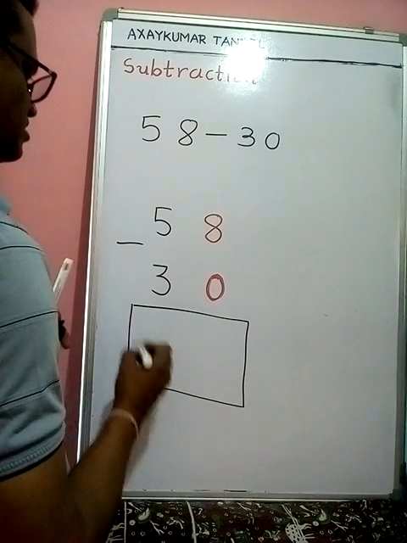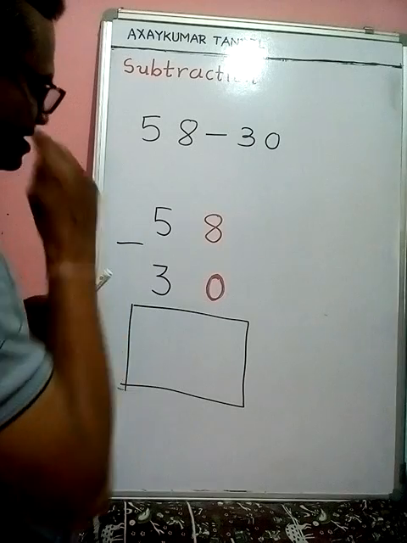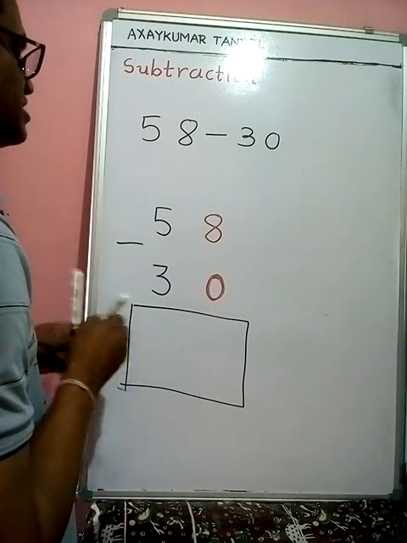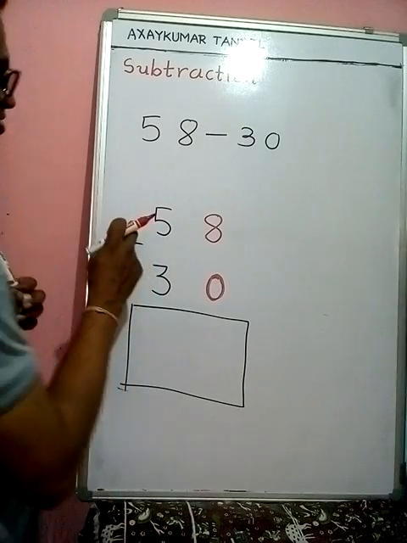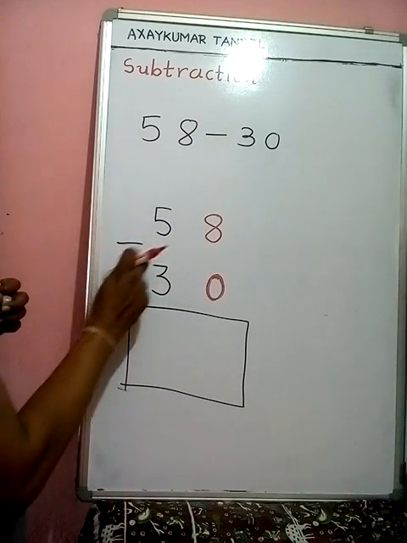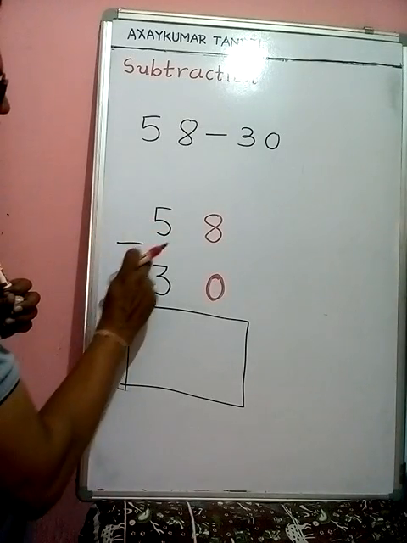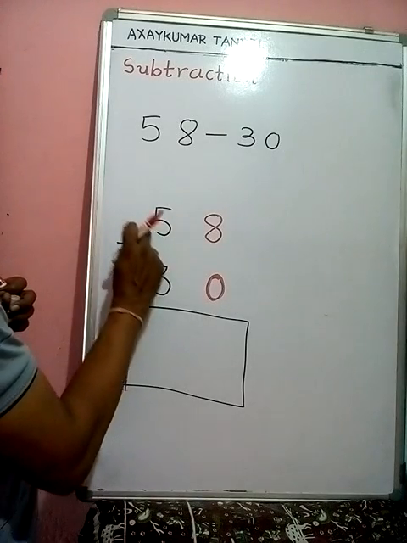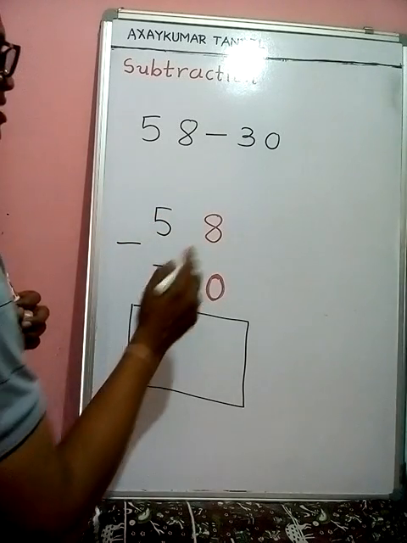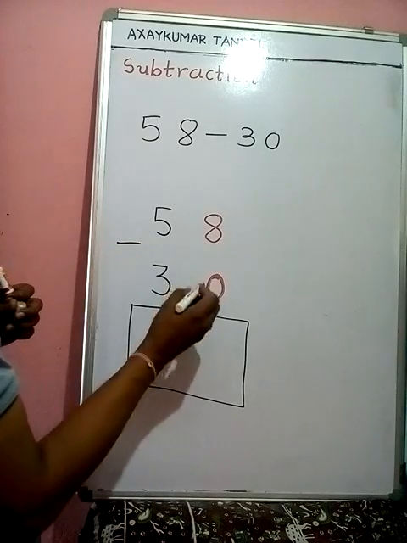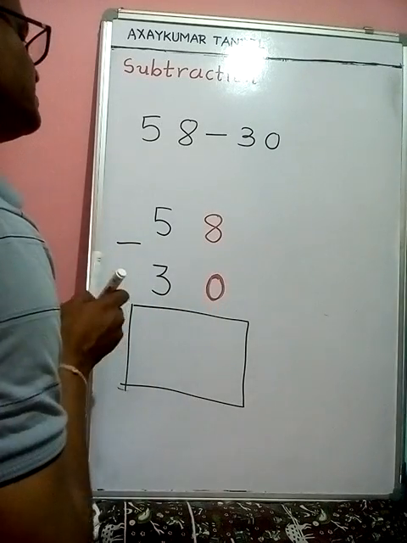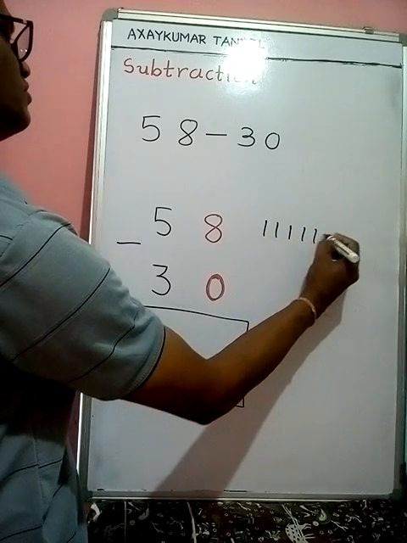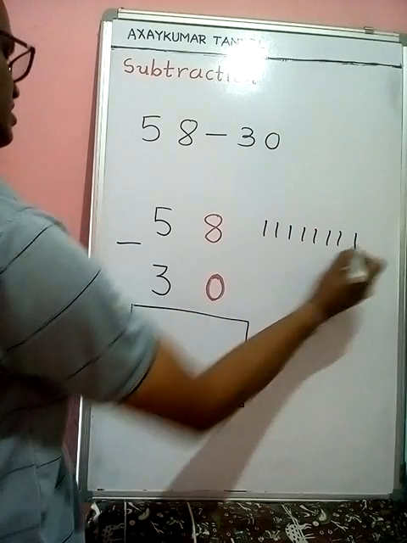Now we start to calculate. First we subtract. Here first we show the sign. Here the sign is subtraction, minus, cutting. Okay, 8 minus 0. We draw 8 lines: 1, 2, 3, 4, 5, 6, 7, 8.